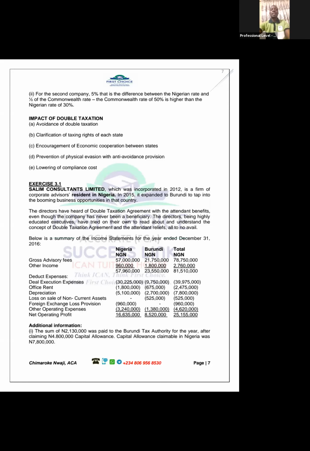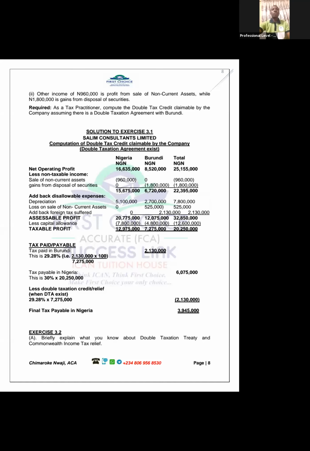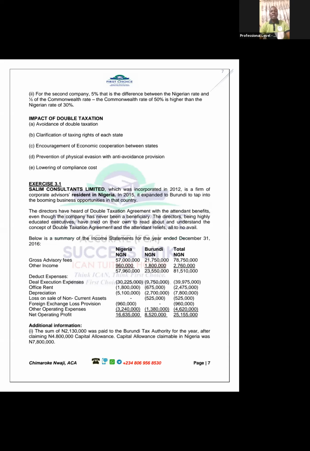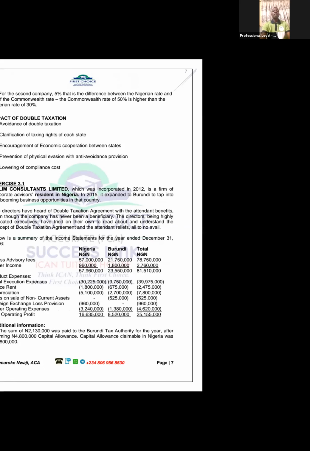Now, the next thing we are told is that other income of 960 is from the sale of non-current assets. So if you look at other income, you see 960 there. They are telling you it is from the sale of non-current assets. And they said, while 1,800,000, you see under Burundi we have 1,800,000, is gain from disposal of securities.